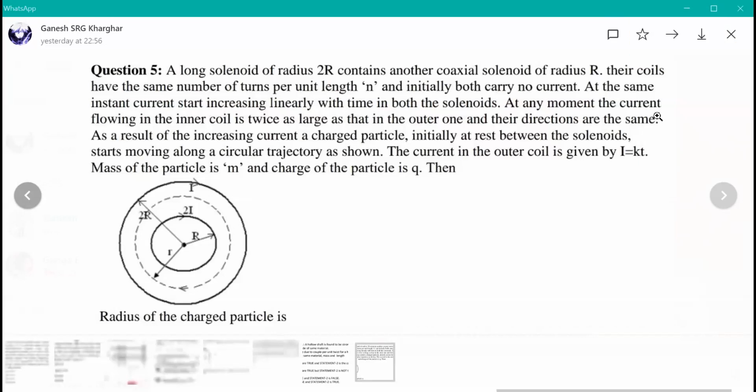Ganesh, the thing is, we will consider this as the perfect solenoid.